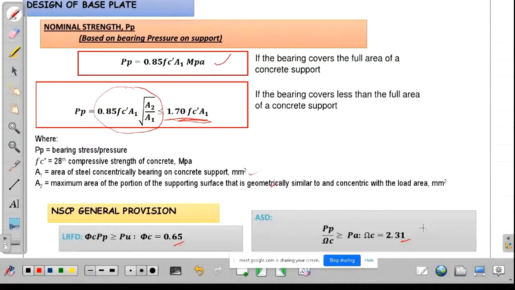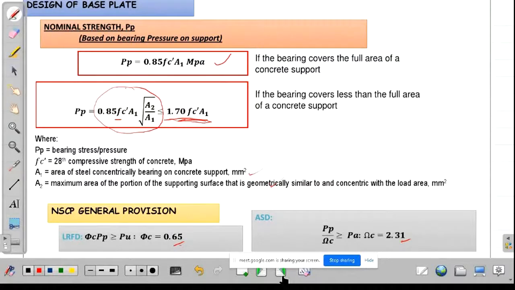The same pa rin sa previous, yung sa tension and compression natin, that our design or our allowable strength should be greater or equal to our ultimate load or our service loads. Okay? So, yung fc', compressive strength yan ng concrete.